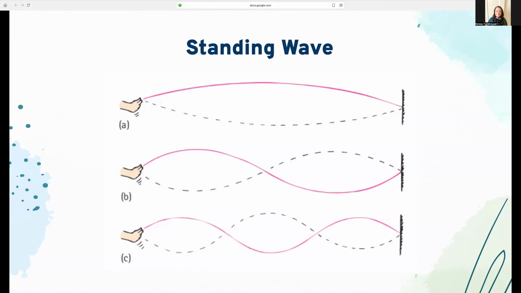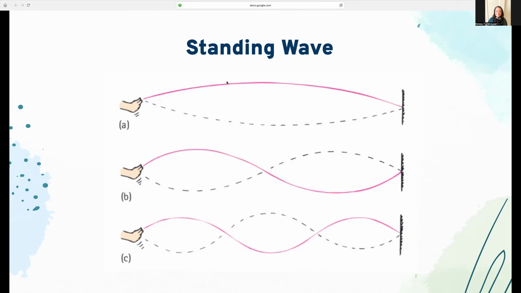Okay, now we have the concept of standing waves. This is what happens when you send a pulse with a specific frequency that's specific to the wave material itself, like the string.